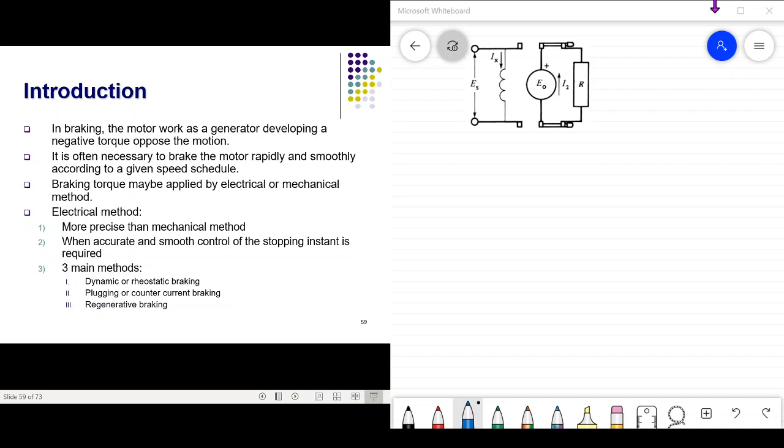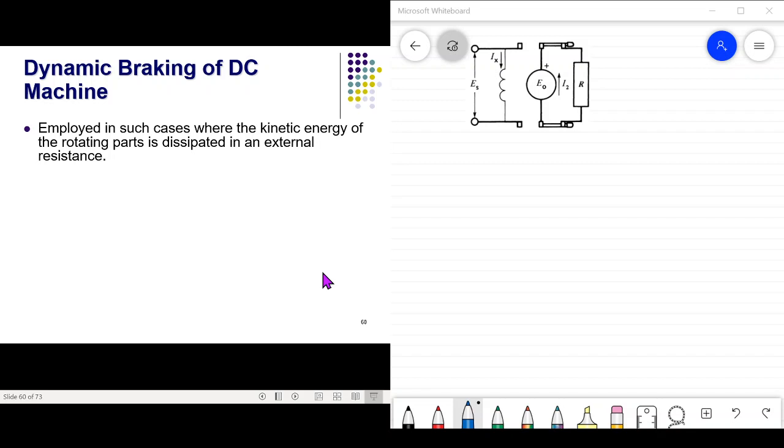We have dynamic braking or static braking, plugging or counter current braking, and regenerative braking. We go to the dynamic braking of a DC machine. It is employed in cases where the kinetic energy of the rotating parts is dissipated in an external resistance.